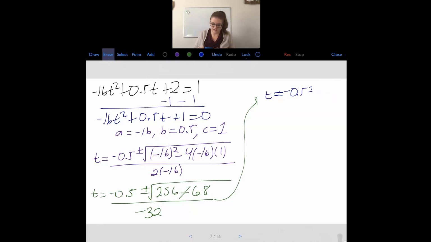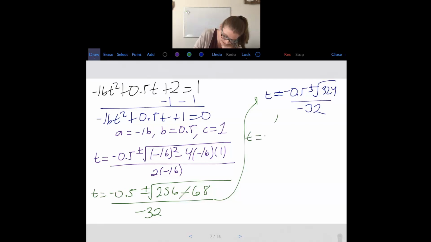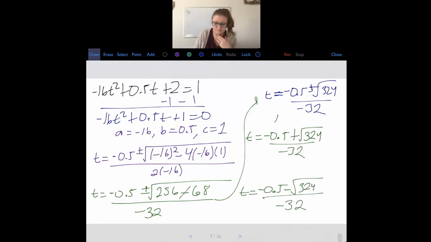Let me look. 324, all over negative 32. Since we're probably going to be using our calculator for this, given the numbers, I'm going to find our 2 solutions for t. First, t is equal to negative 0.5 plus the square root of 324 over negative 32. And I also have t is equal to negative 0.5 minus the square root of 324 over negative 32. So let's find both of these values and determine what our answer is.